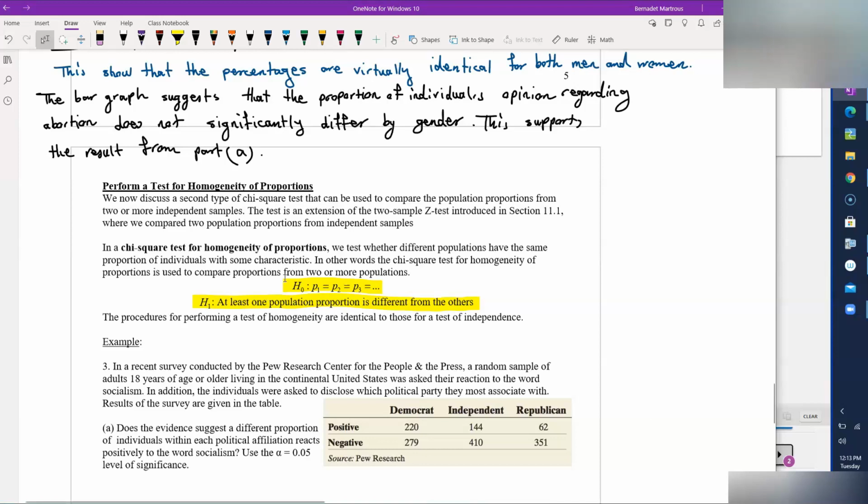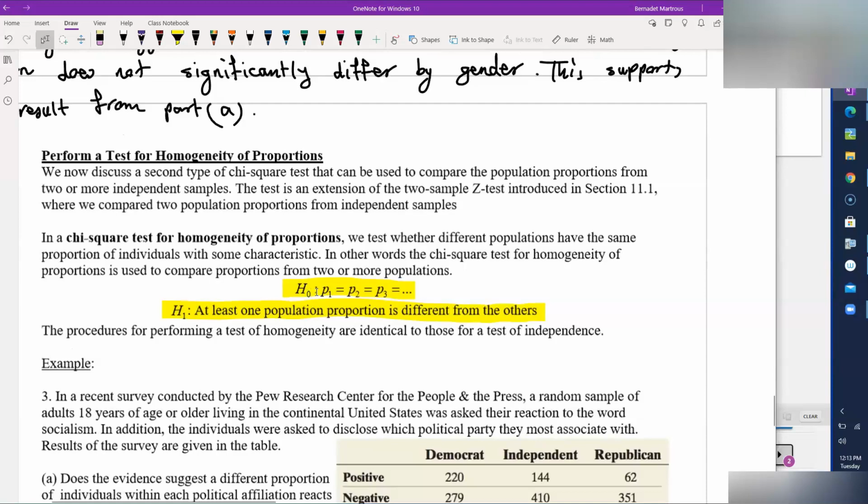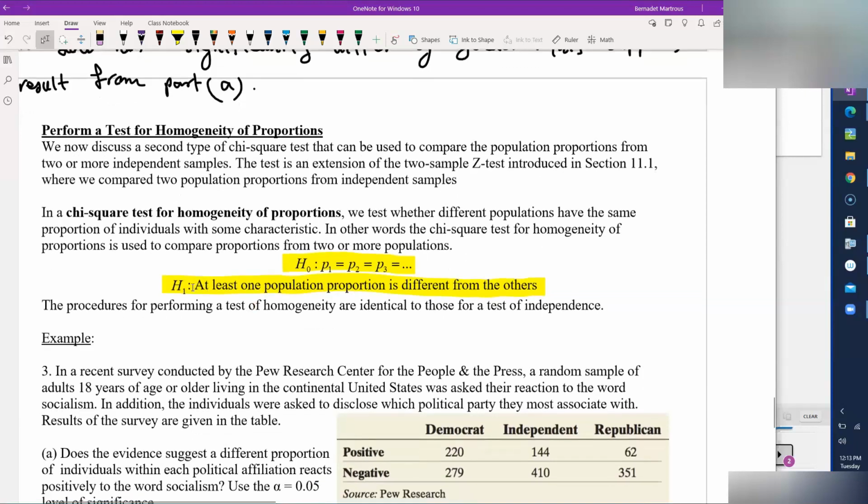The way we write it is the same as what we already had in all those sections. For the null, we always have equal proportions, and for the alternative, at least one of those population proportions is different from the other one.